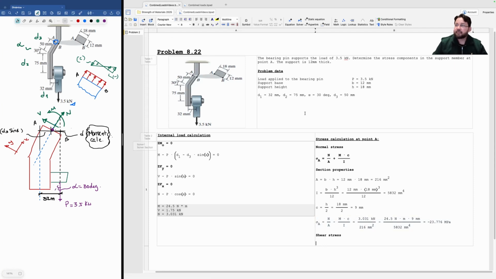Shear stress at A, remember that the shear stress depends on the position along the height of the figure, which means the position along this axis here. The center is going to be the maximum shear stress, but as I am going far away from the center to the end of the section there, then the shear stress is going to be 0.